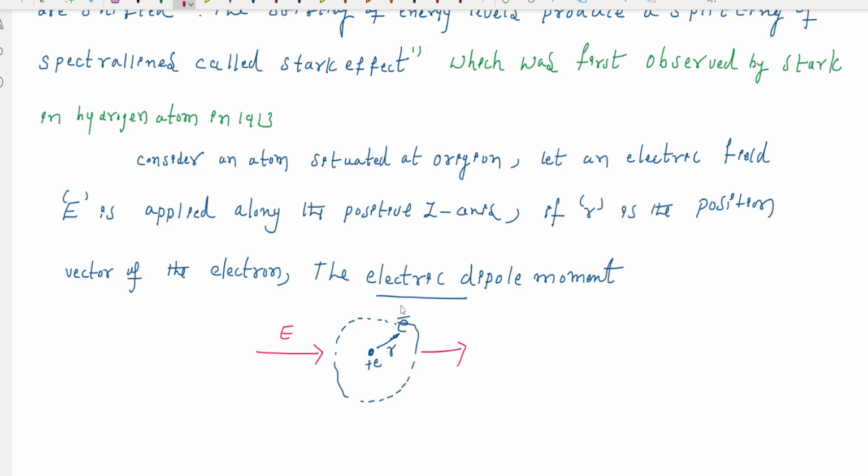So the electric dipole moment of this atom is mu equal to minus ER. It interacts with the electric field E, giving an additional potential energy to this electron.